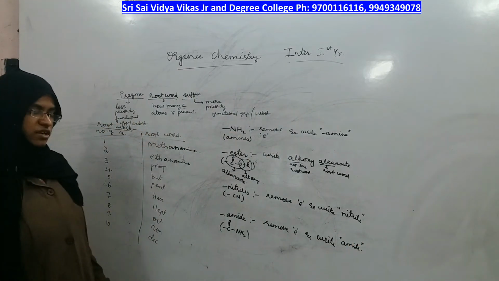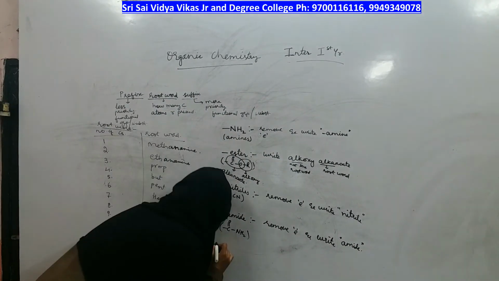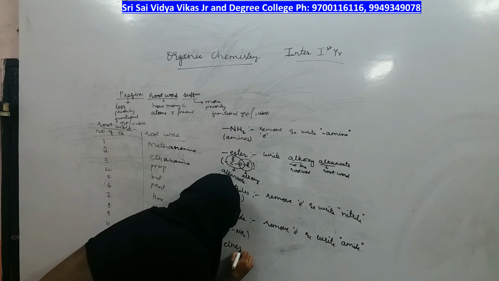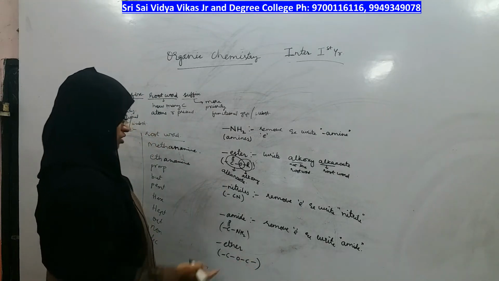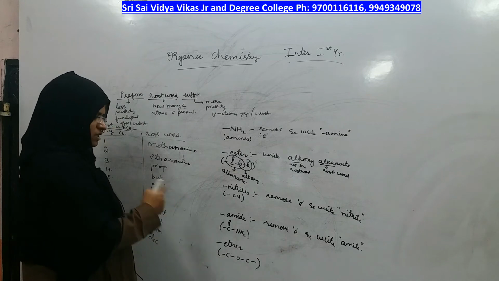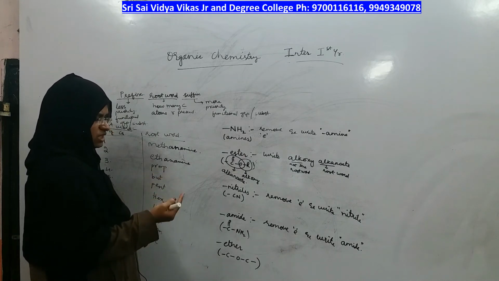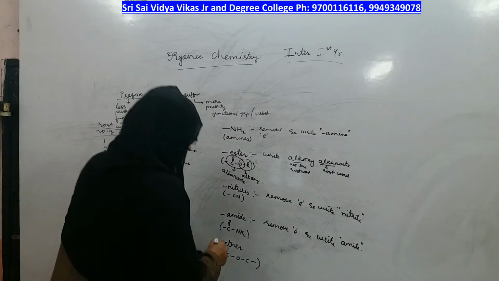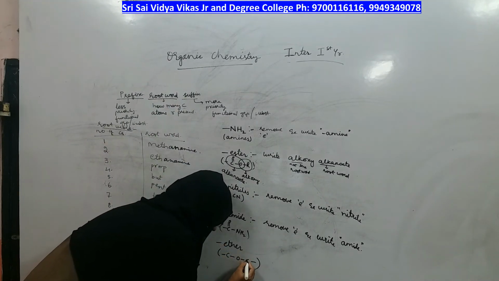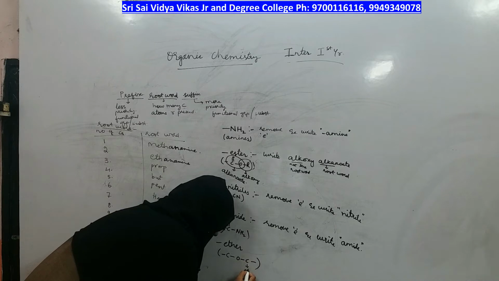Okay, one more functional group which we have left is ether. What is the formula of ether? On one side of the oxygen there is carbon, on the other side of the oxygen also there is carbon. So what you have to write is alkyl, alkyl.